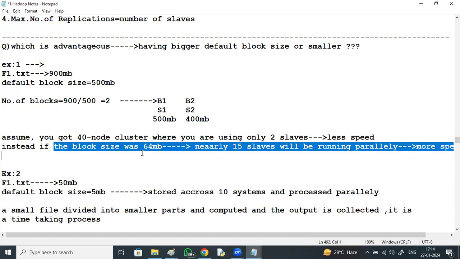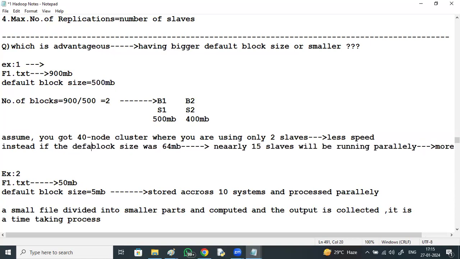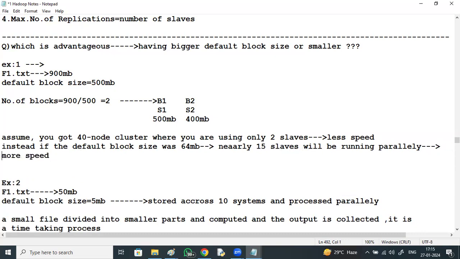Instead, if the default block size was 64 MB instead of 500 MB, nearly 15 slaves would be running parallelly. More speed, right? Understanding, everyone? Yes, sir. So here you got more systems, but you are not utilizing all the systems.